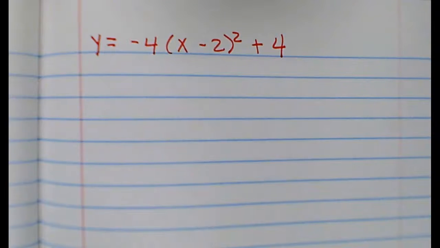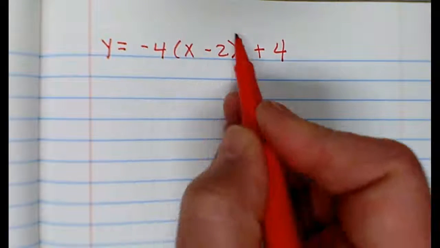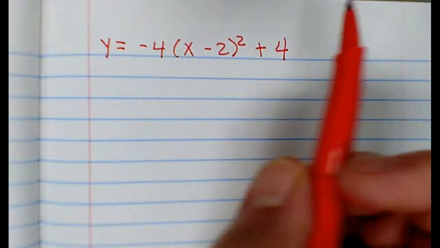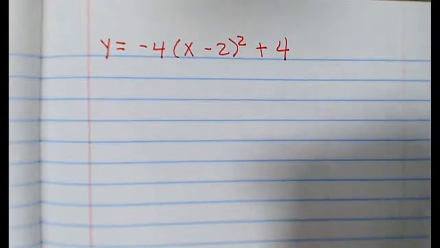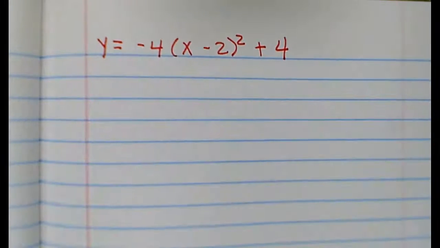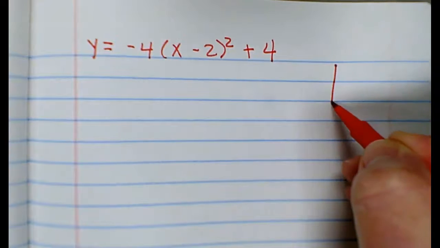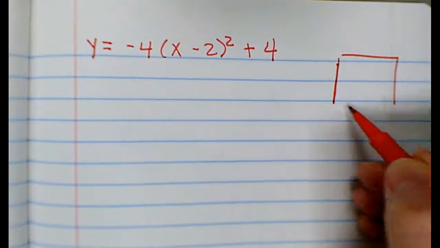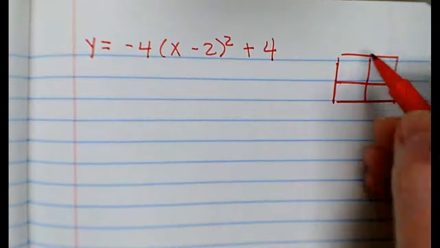That's not quite correct, because you cannot distribute the negative 4 into this, because this is squared, and order of operations says you have to do squared first. Now, on the Algebra 1 problems, they don't have anything squared like this. So before I can distribute the negative 4, the first thing I need to do is multiply out this part.